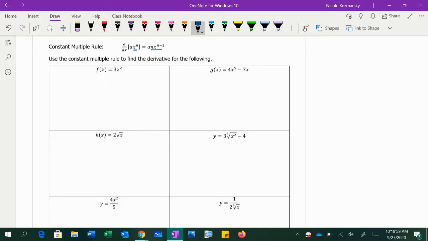Okay, we could do this with the product rule, but remember the derivative of 3, as in the first example, is just going to be 0, so part of our product rule is going away. Okay, so let's apply this using the constant multiple rule. So we're going to say f prime of x equals, the 3 stays, and then I'm going to do 2x to the first. 3 times 2 is 6, so this becomes 6x.